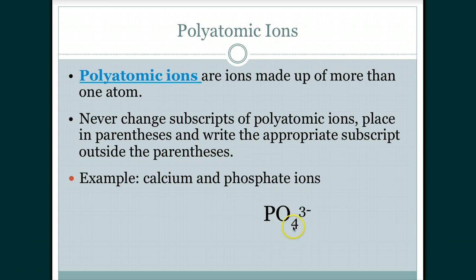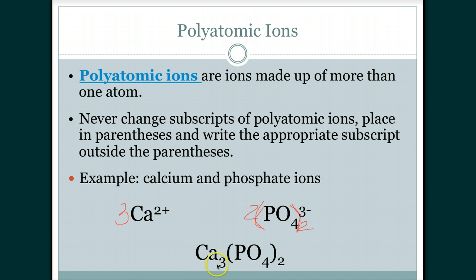So phosphate has a negative charge of 3, and then calcium has a positive charge of 2. So again, the multiple is 6, so I would need 3 of these and 2 of these. And so since this right here is not just an element, but is already something that is made of 2 atoms, I'm going to put parentheses around it and then put 2 behind the parentheses. So this is what it's going to look like.